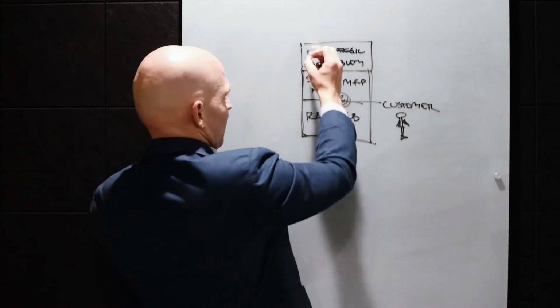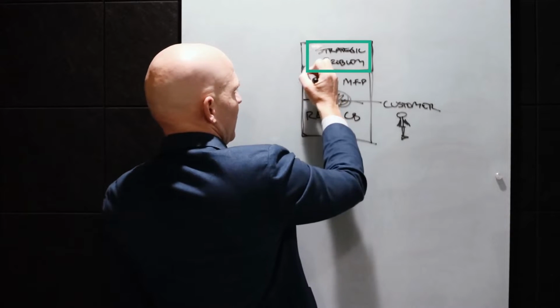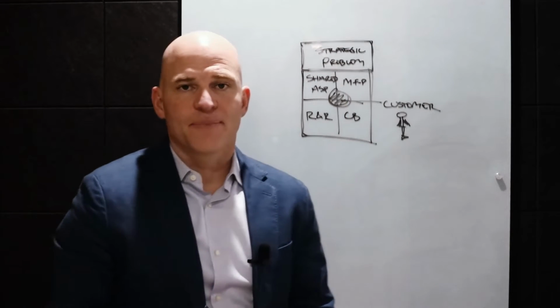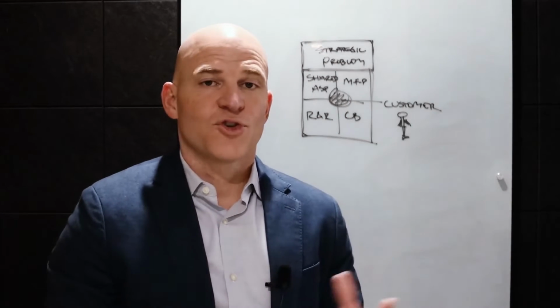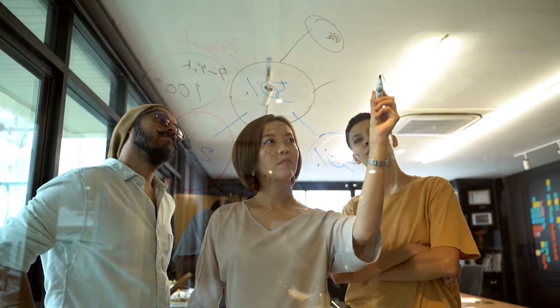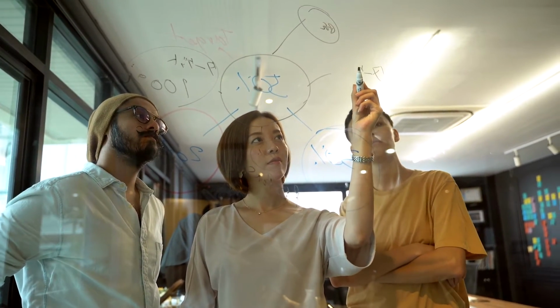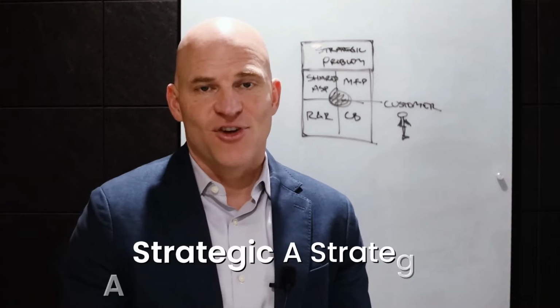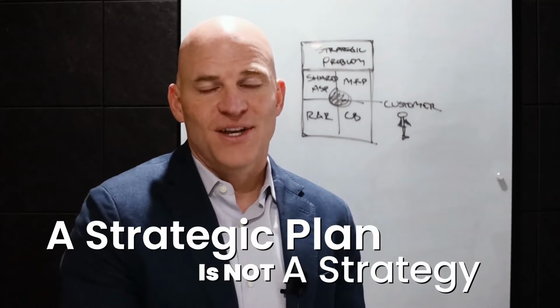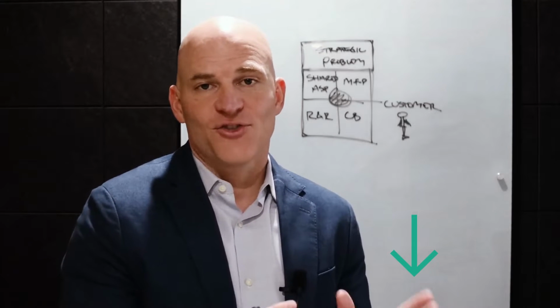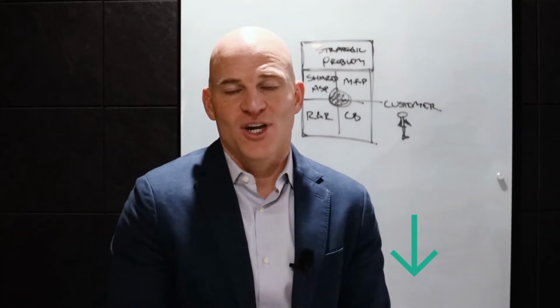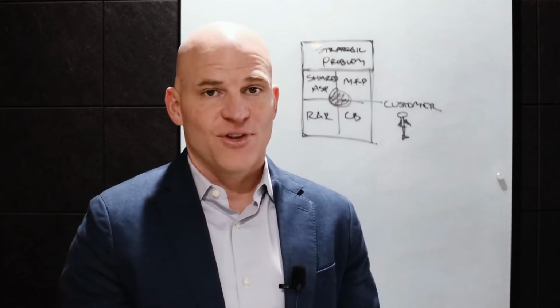But at the top here, and this is what I want to focus on in this video, is the strategic problem. Too many companies that I work with will show me their strategy, at best, if they have a strategy. But too many companies have a strategic plan and they think that's a strategy. More on that, you could check out my other video where I walk you through the difference between strategy and planning. So be sure to check that out if you haven't already. That's really important.